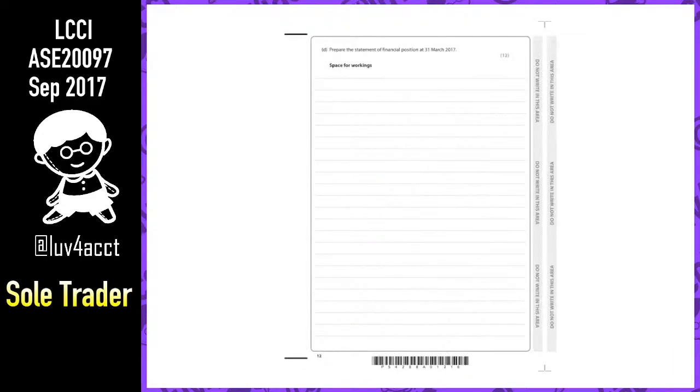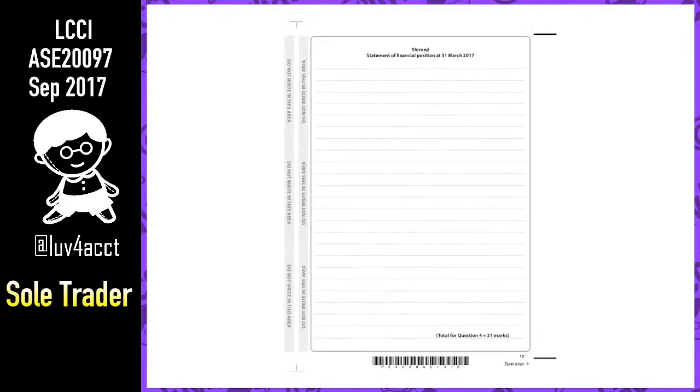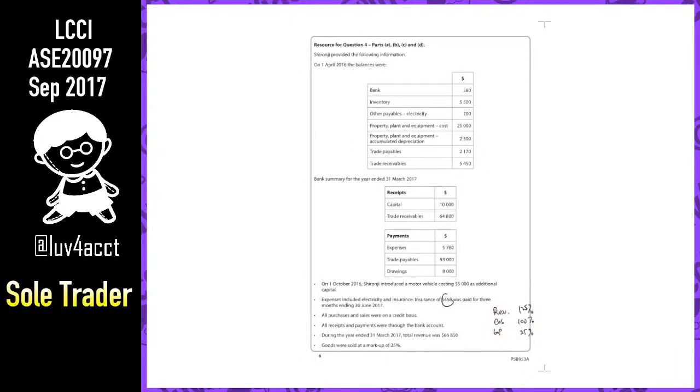And we have to work on the statement of financial position. We have to think of what we need. So we have property, plant and equipment, and then we also have an introduction of motor vehicle.